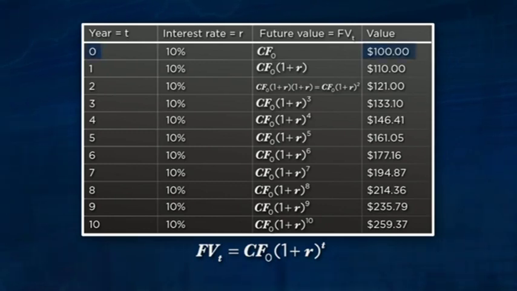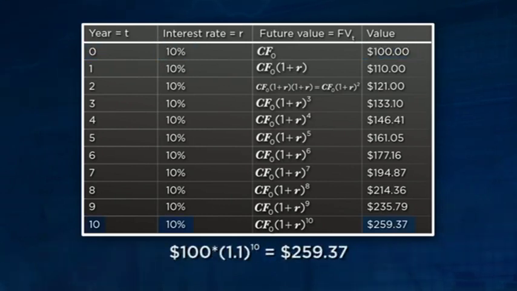So for example, if you have a current cash flow of $100 and the interest rate is 10%, then the future value of this $100 after 10 years is $100 times 1.1 raised to the 10th power, and that's equal to $259.37.